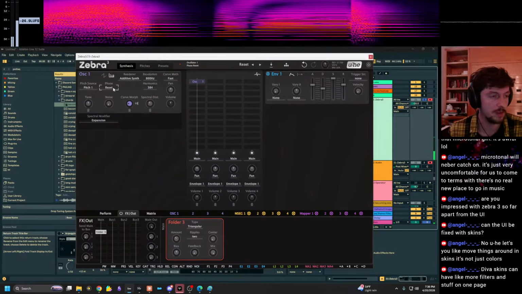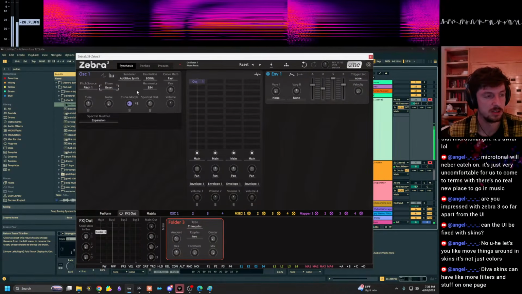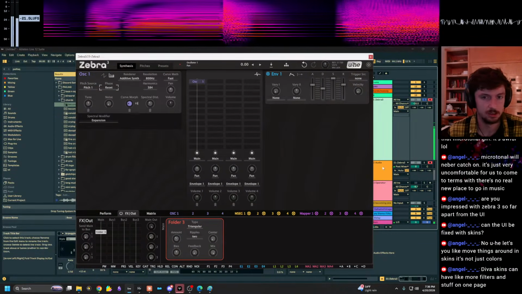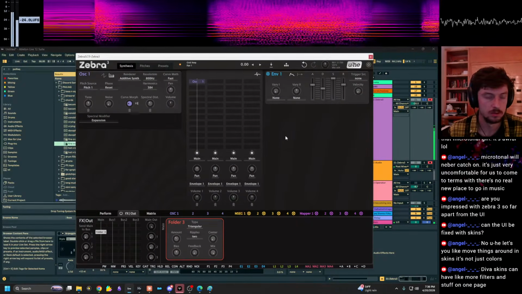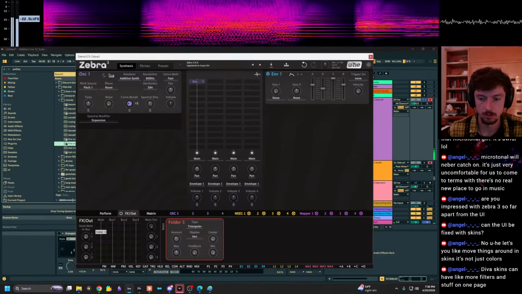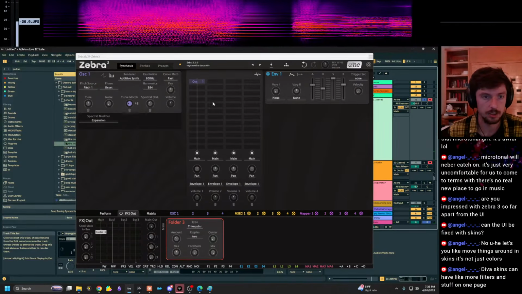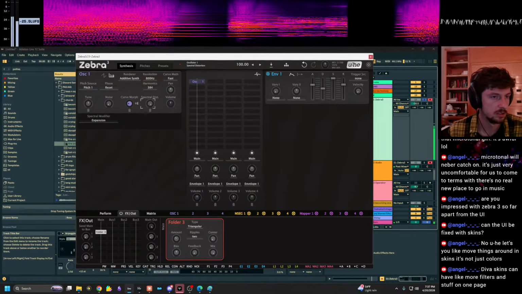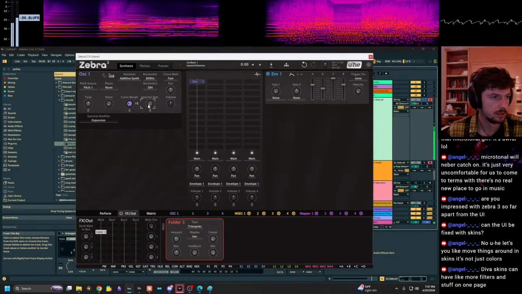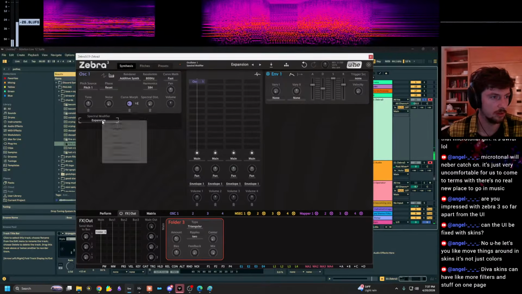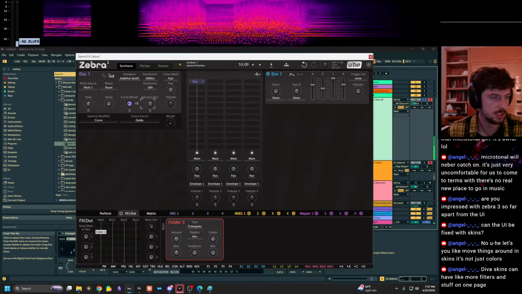Interesting. Oh, phase is random, that's why. That's cool. I don't know what spectral distortion does. Oh, I think that does whatever this modifier is.